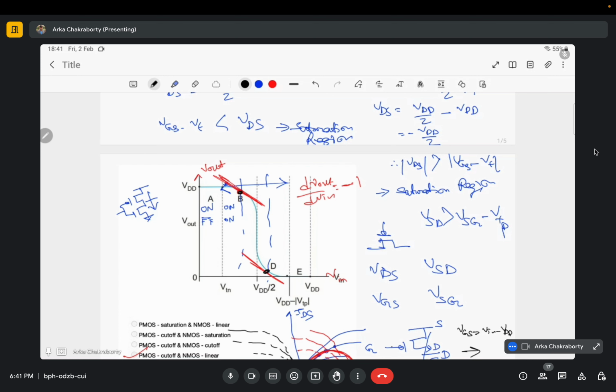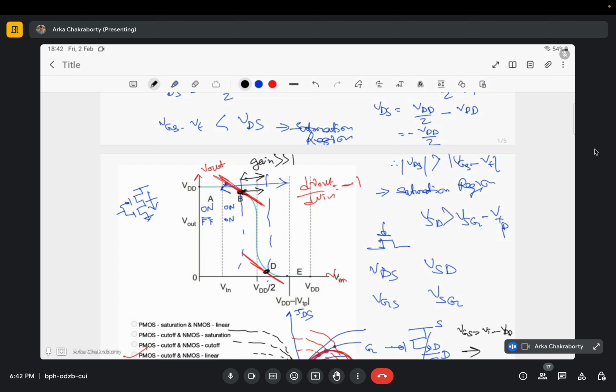In this region between these 2 points, both my transistors are in saturation region. And dV output by dV input, it is telling about what? It is telling about the gain of the system, right? What is the gain of my system? So inside this region, my gain is more than 1, right? So can you think what could be its application as its gain is more than 1?